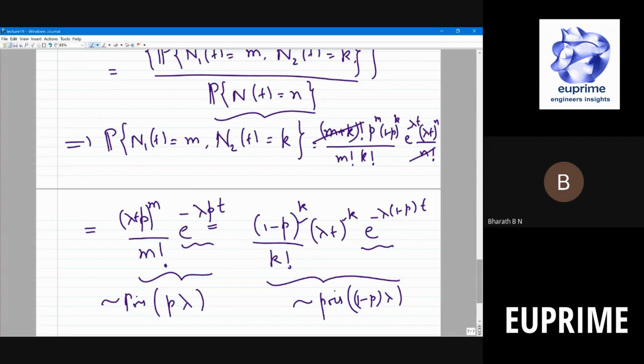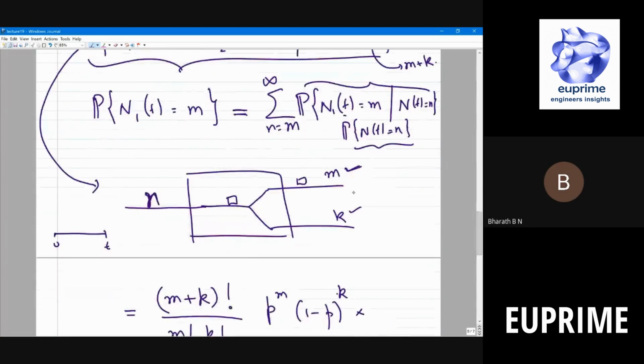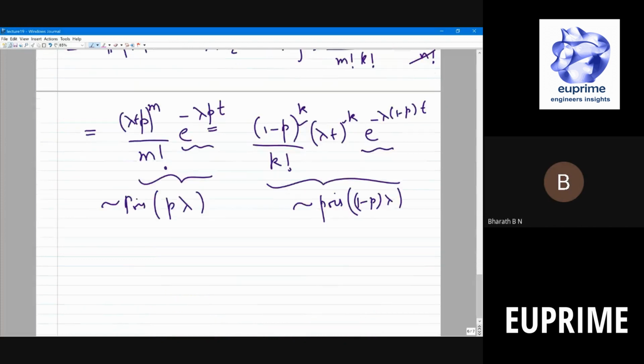But the time instant at which a packet arrives, when you split, will again be exponential with rate lambda p for one route, and lambda times 1 minus p for the other route. Okay, is this fine? You can generalize this; take that as homework. You can use induction to generalize.